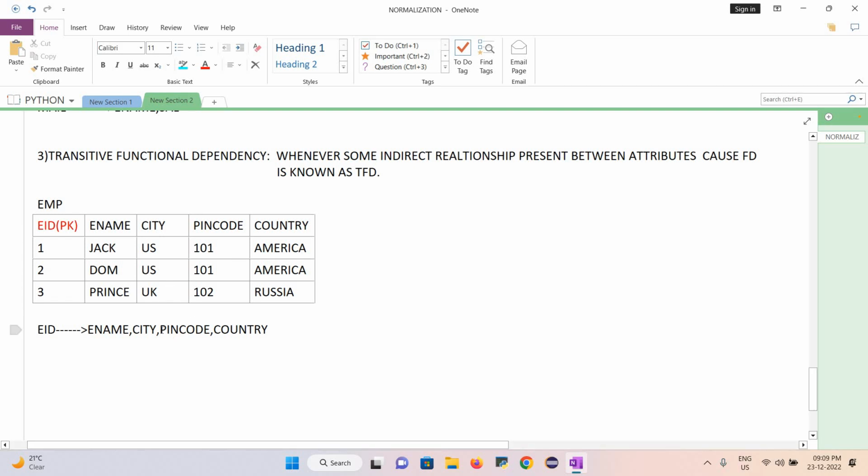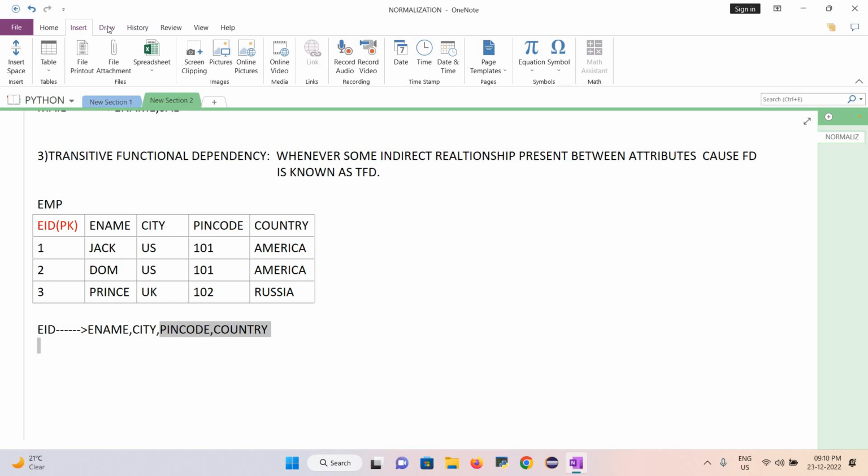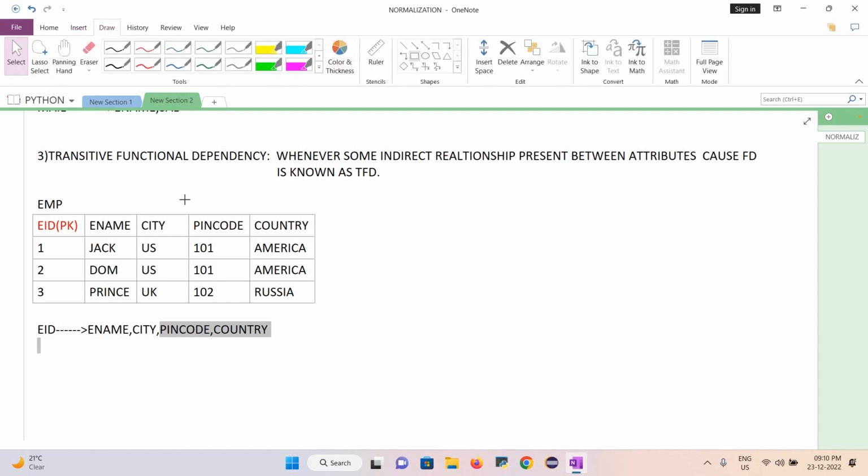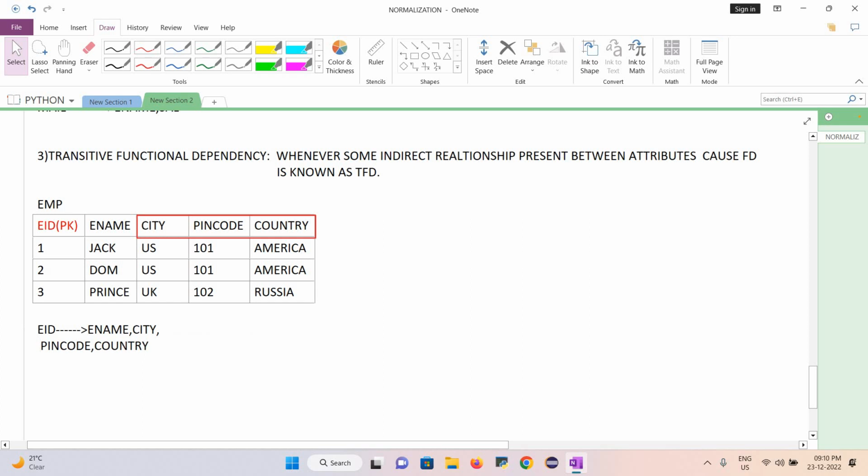Parallelly, a few attributes, the city, pin code and country, are interdependent, or indirectly dependent on each other.